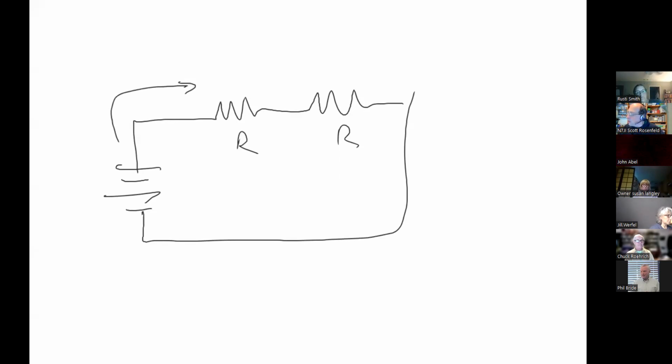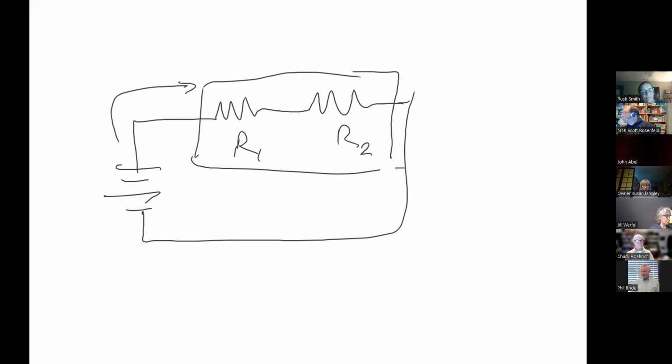It encounters this first resistor, and then it encounters the second resistor. So the total resistance that it encounters is the sum of the two resistances. That is known as series resistance. Two resistors in series simply add together.